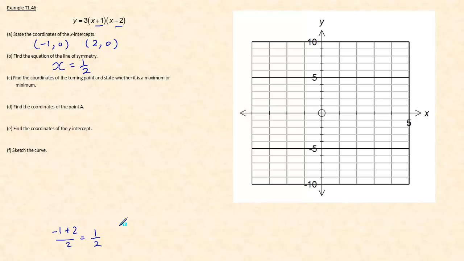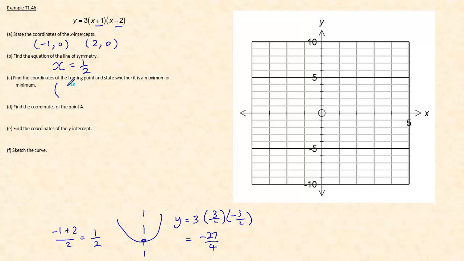The turning point must lie on that line of symmetry. So y is equal to 3, a half plus 1 is 3 over 2, a half take away 2 is -3 over 2. So that gives me -27 over 4.